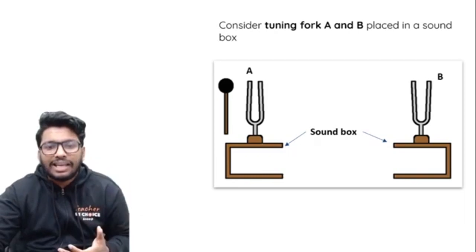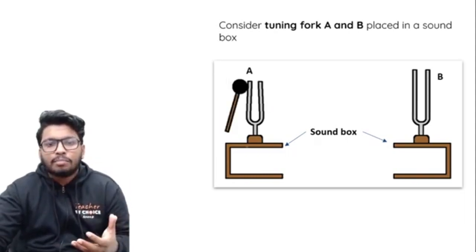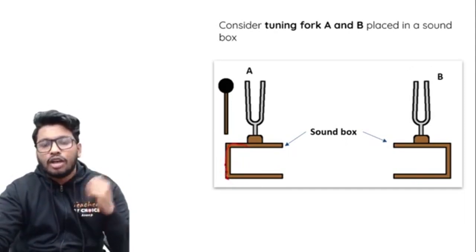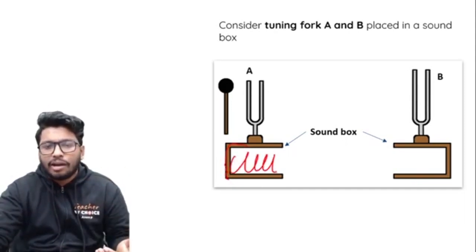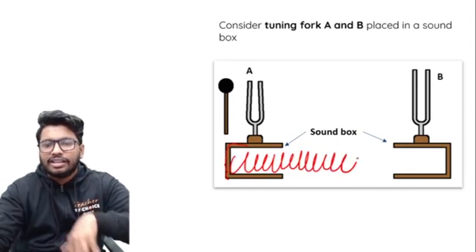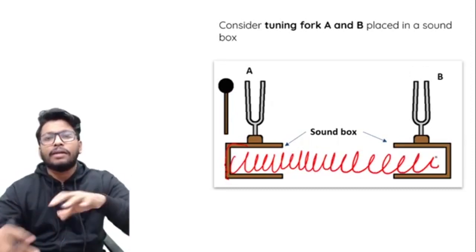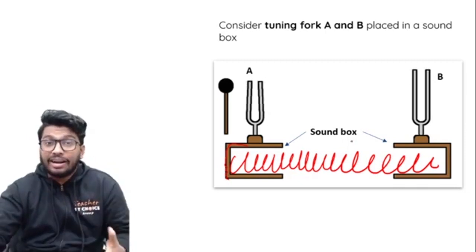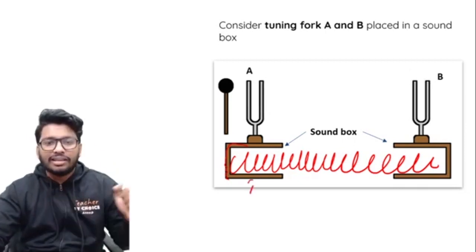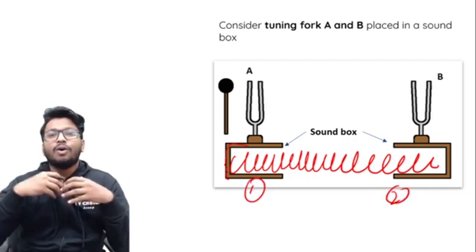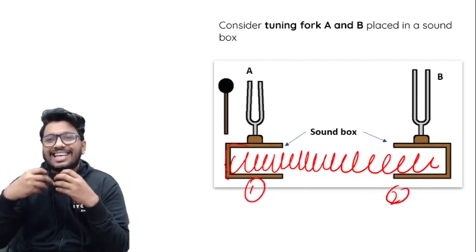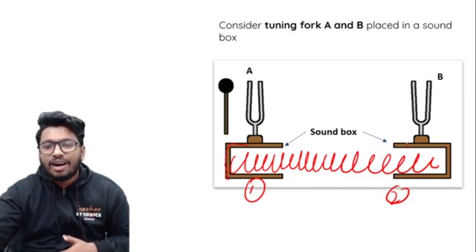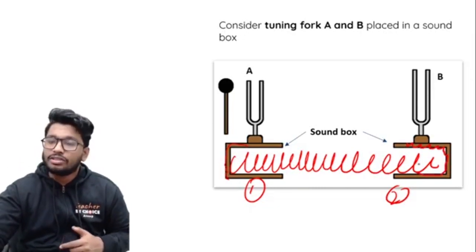Because this is vibrating, the box also will start to vibrate, and the air particles inside the sound box will also start to vibrate. The air particles vibrate the next one, the next one, and they will vibrate the air particles inside the other sound box. Let me call this A and this one B. So the air particles inside the second sound box start to vibrate, and the sound box also starts to vibrate.